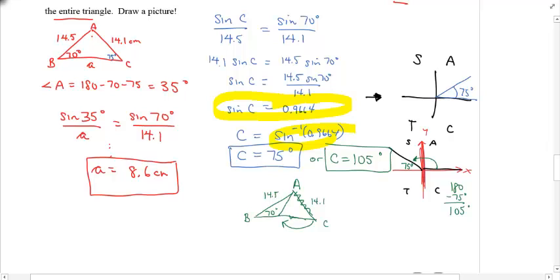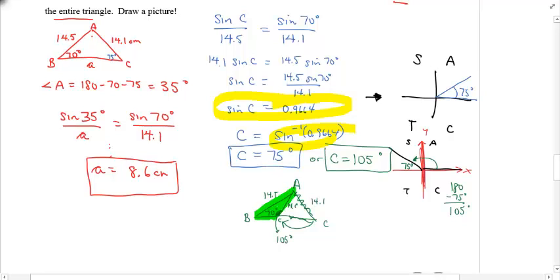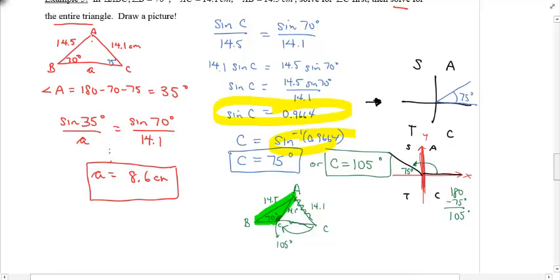I guess we'll have to cross that part out. Then we can say that this angle, which is angle C, is 105, and that this length is 14.1. So in essence, we took that side length AC and swung it over. Instead of having an acute angle of 75, we now have an obtuse angle of 105. So our triangle in question is now an obtuse triangle like this. Trippy.